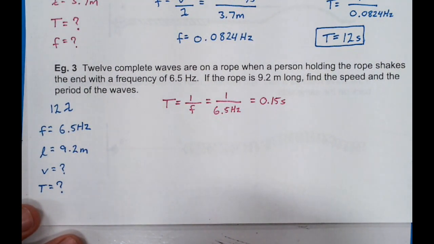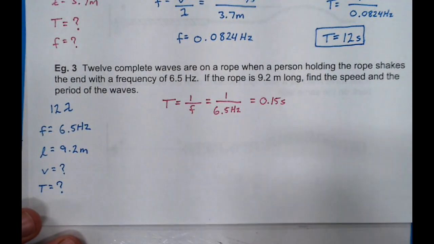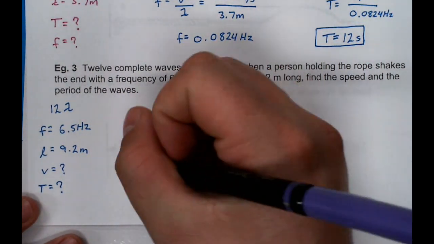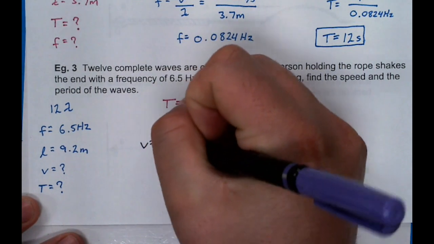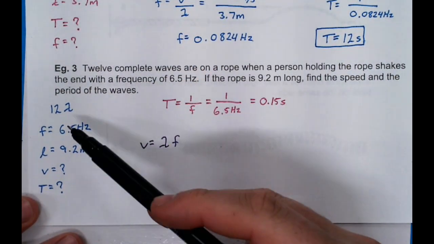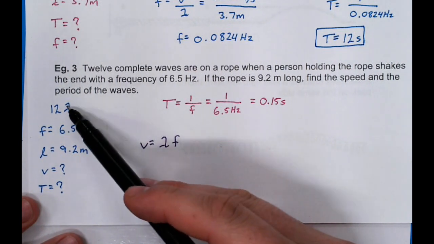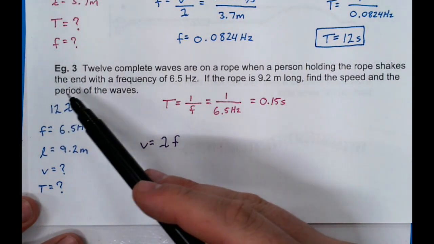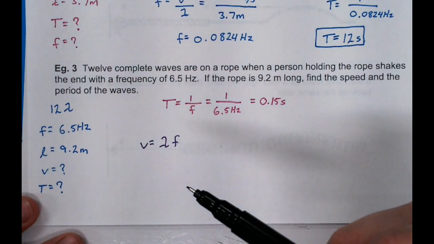The next one we need to solve for is the velocity. So our universal wave equation is velocity is equal to wavelength times frequency. We have frequency, but to solve for wavelength, we have 12 wavelengths currently.